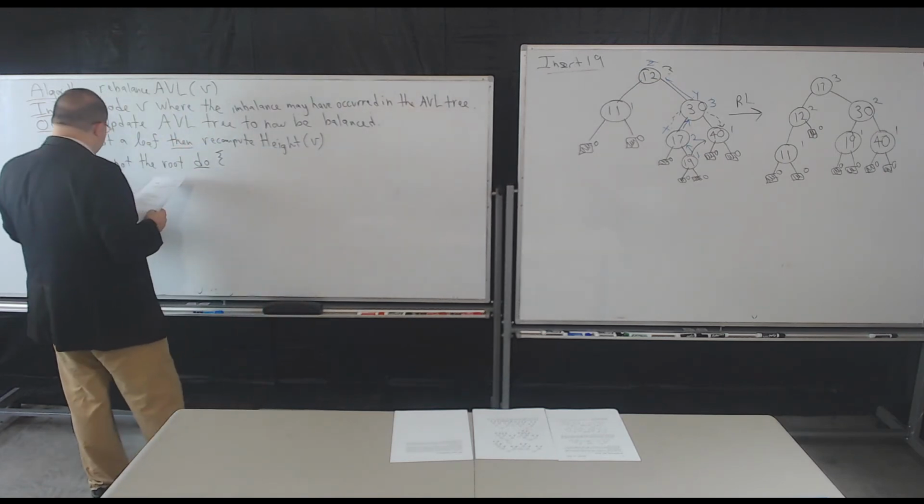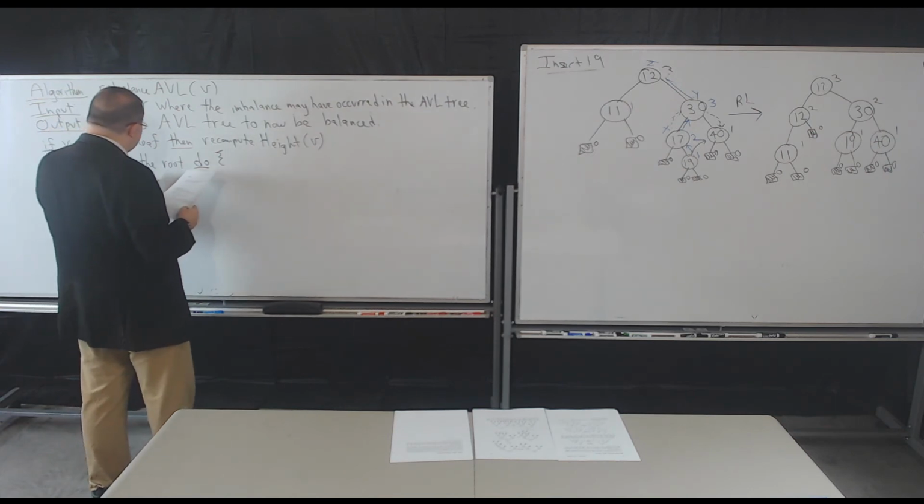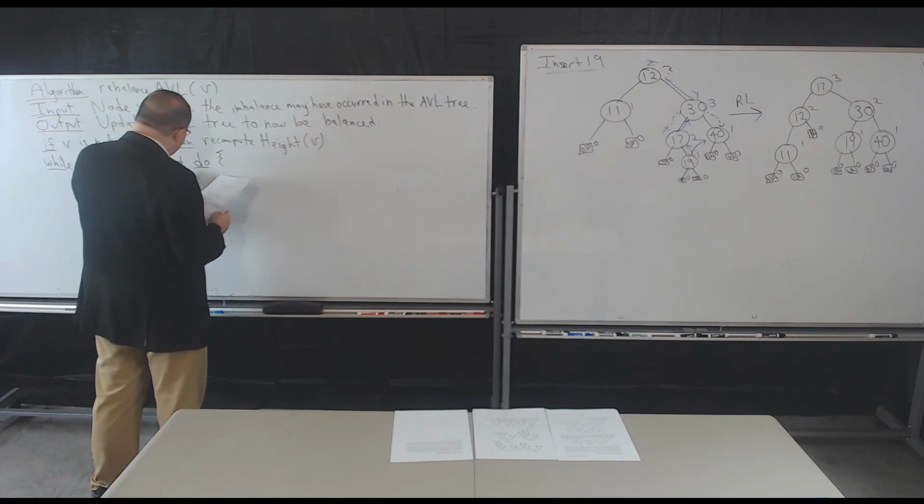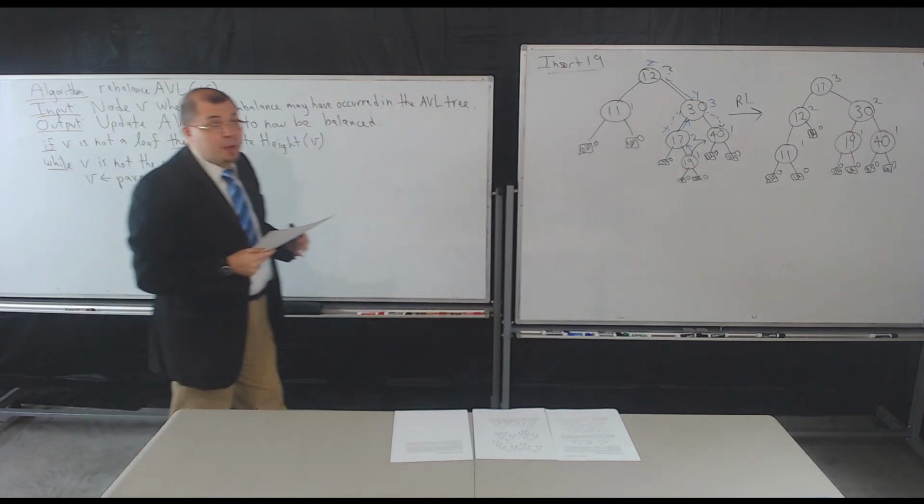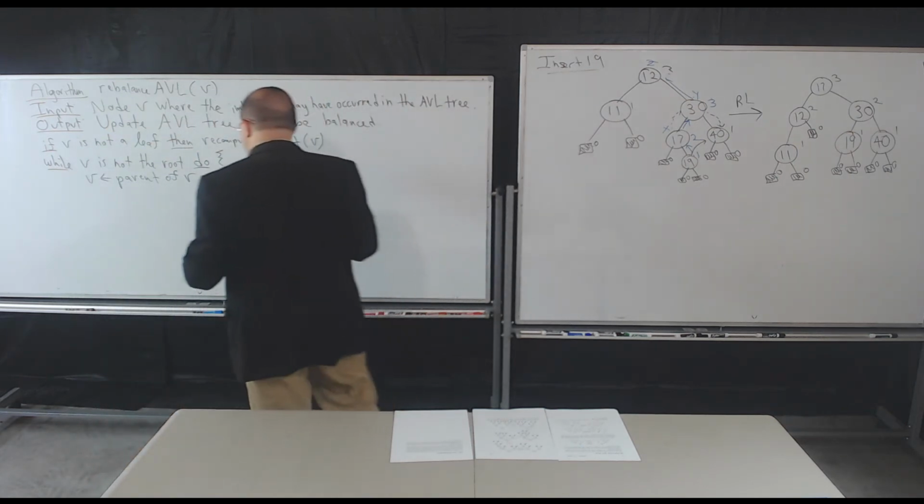So while V is not the root, you're going to assign V to be the parent of V. Remember, we go up to the parent. And now we're going to check if that node is height balanced, by checking its children.